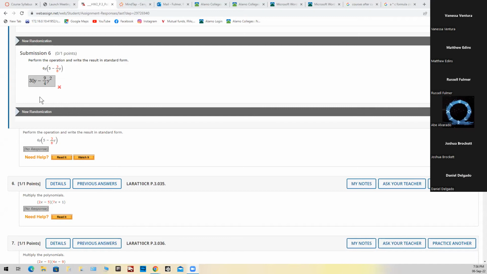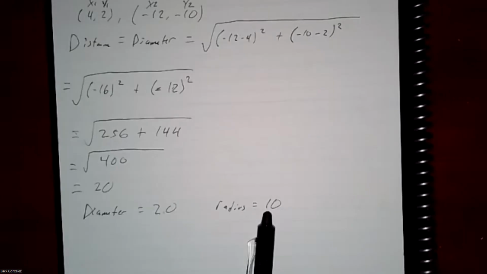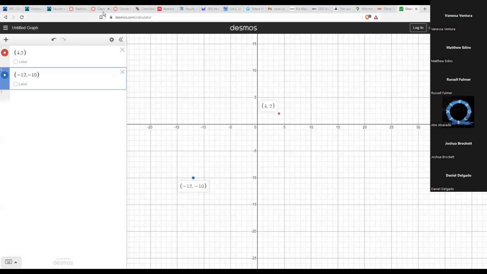It said perform the operation and write the result in standard form. Oh, I see. Technically in standard form, the quadratic piece should be first. That's the only thing that I can see. What section was this? P3. Let me open that up real quick. So you said P3.